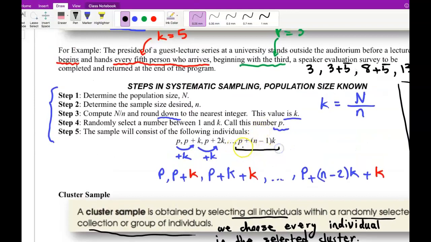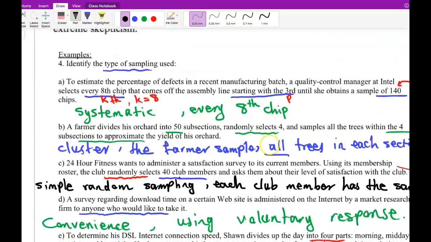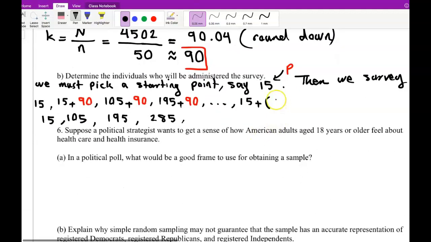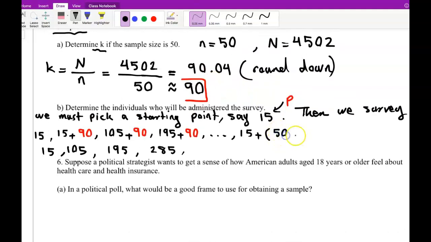We're going to use this part: P plus n minus 1 times K. And here in this case, n is 50, so 50 minus 1 times K. So 15 plus n minus 1 times K, where K is 90.